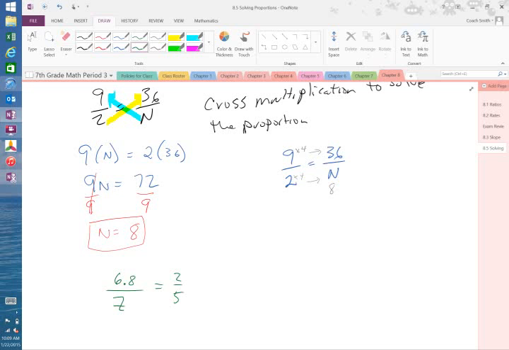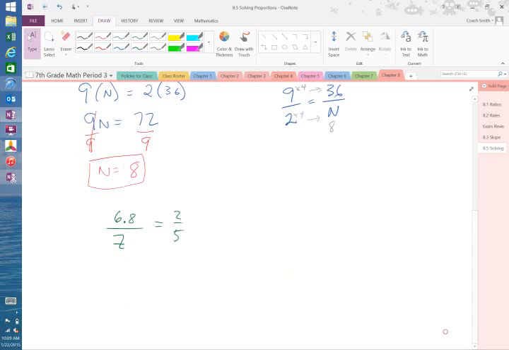I've got to do the same thing to the other one, and so it ends up being a little bit more complex, and that's not even one of the more complex ones. You're still going to end up with a whole number on this. And so what you do is you cross multiply. So I have 2 times z equals 5 times 6.8.